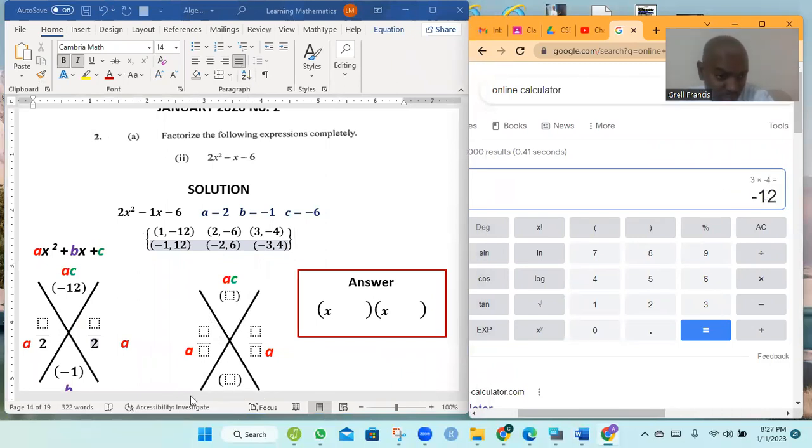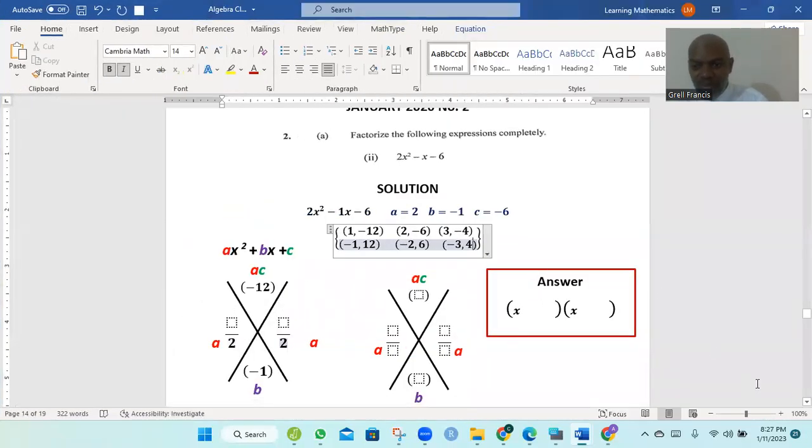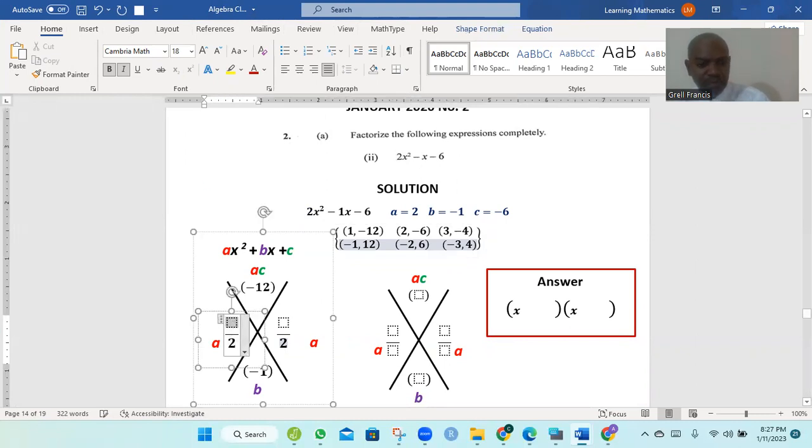We're getting negative 12. Now let us add 3 and negative 4 to see if we get negative 1. 3 plus negative 4, yes, we get negative 1. So those two factors that we are looking for are 3 and negative 4.